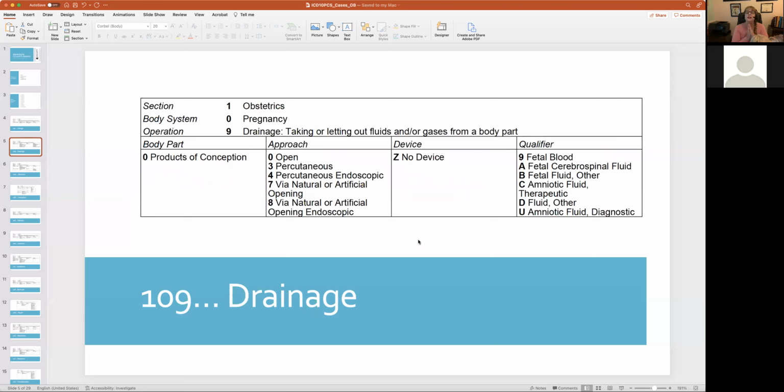All right, this is a very, very common procedure that can be performed on a pregnant woman who has been admitted to the hospital. Drainage, and that is taking or letting out fluids or gases from a body part. What's the body part? The body part is the uterus, because that's where all of the products of conception are housed, if you will.